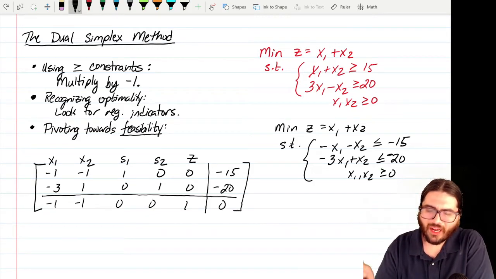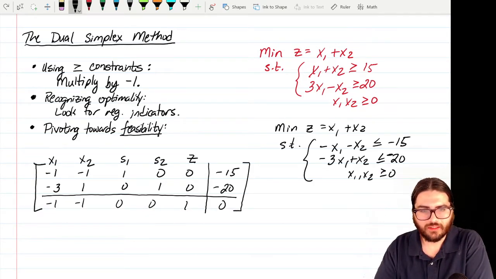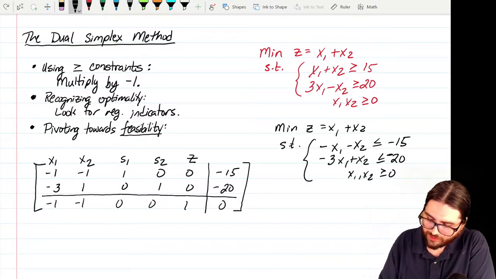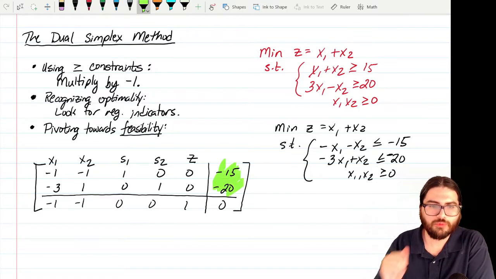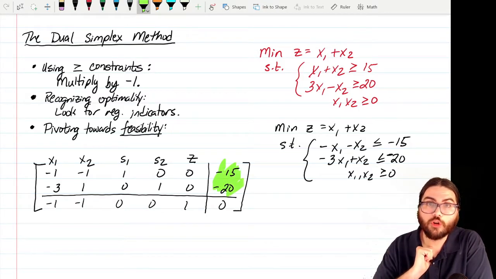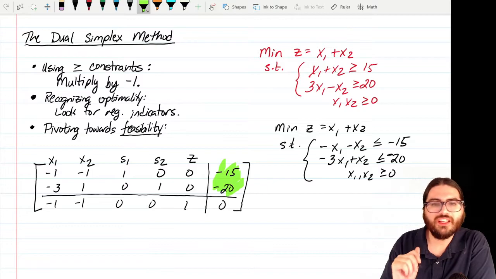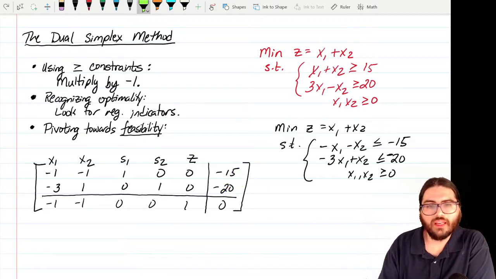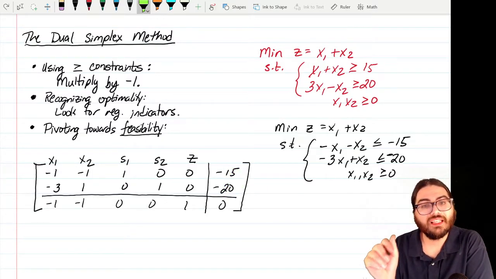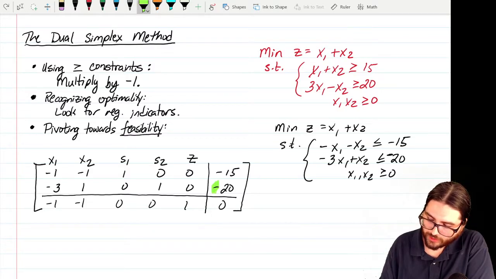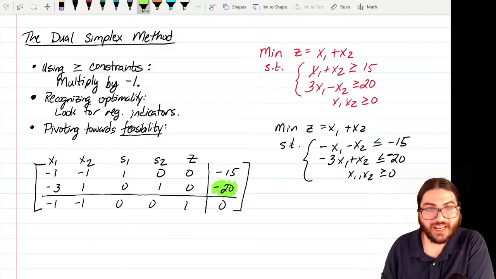But now I want to get back to feasibility. That is, I want these numbers to be positive, not the numbers on the bottom row to be positive anymore. I want these numbers to be positive. And so if I want to get back to feasibility, then I choose the one, right, which is most negative.